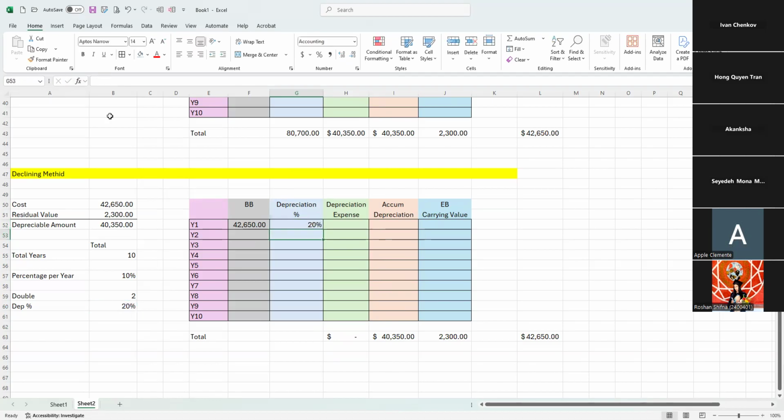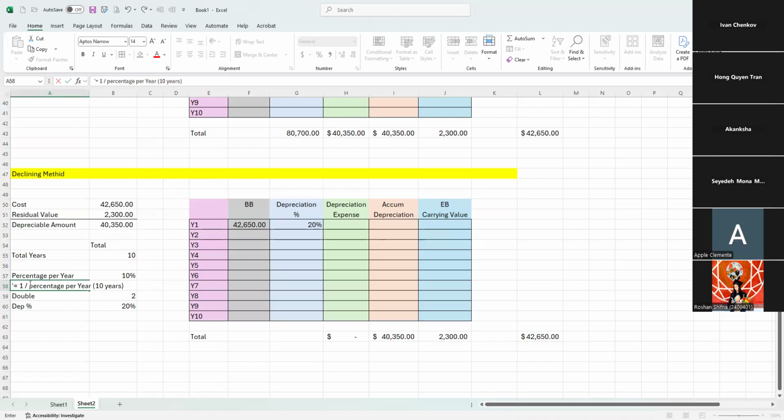Sorry, Professor, could you please explain the rate again, the depreciation rate, how we calculate this? Yes. Percentage per year will be equal to, let me put here the formula, 1 divided by years.